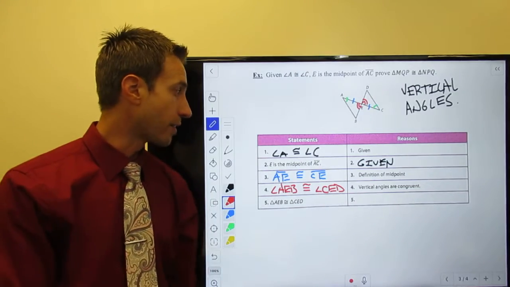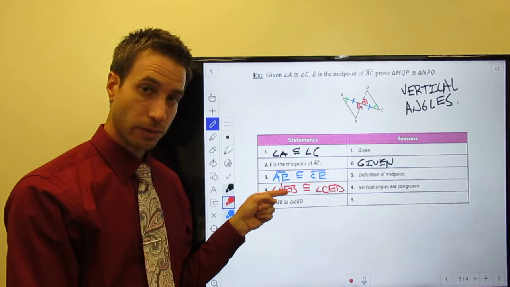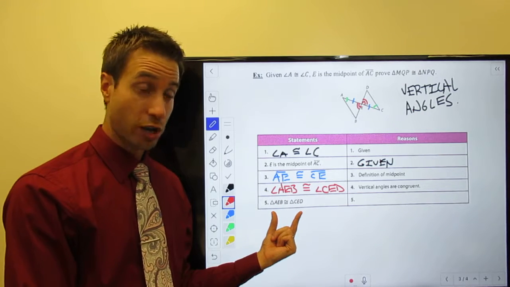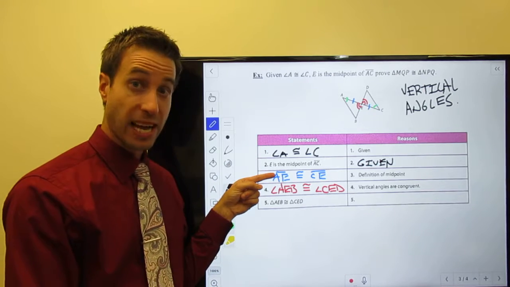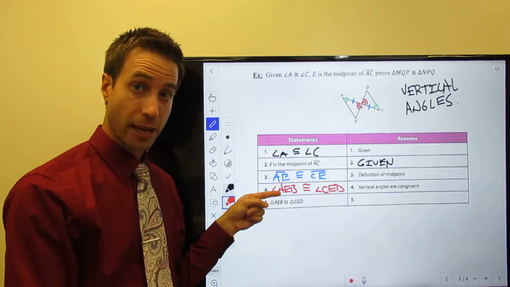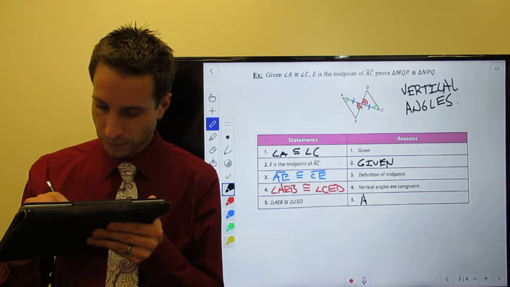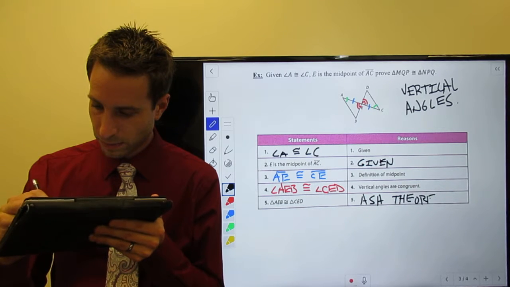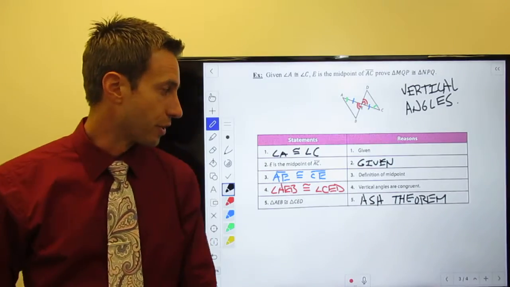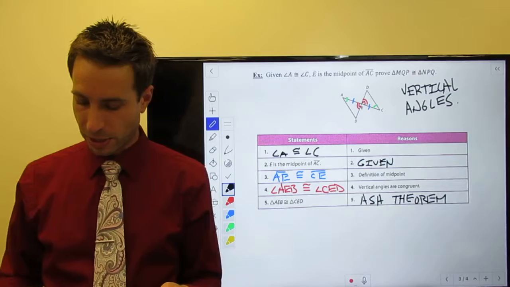And look at this, here's what I've got: angle, side, angle. I know that these two triangles are congruent because I just proved corresponding angles congruent, corresponding sides congruent, corresponding angles congruent. That's angle, side, angle. The angle side angle congruence theorem tells me those two triangles must be congruent.